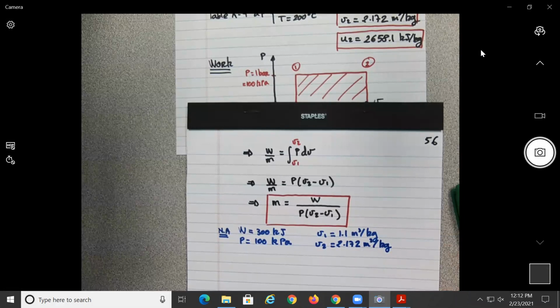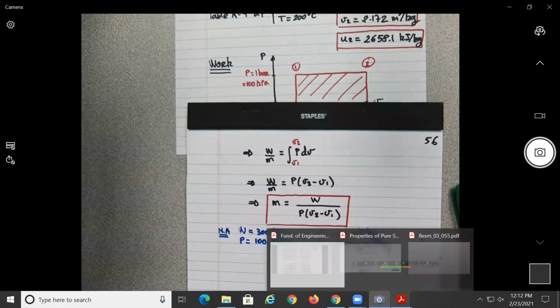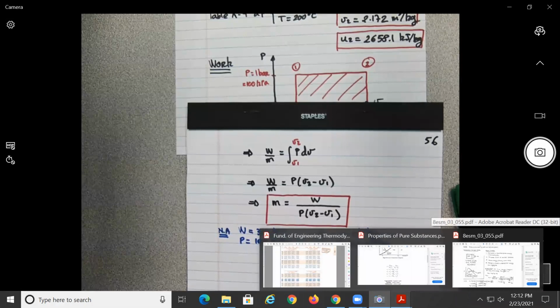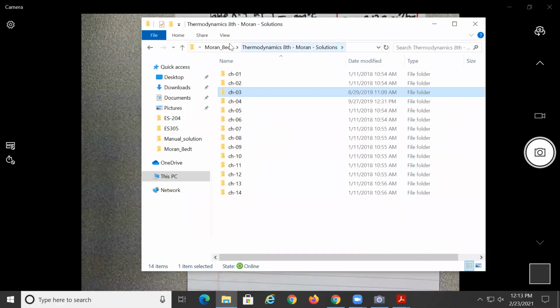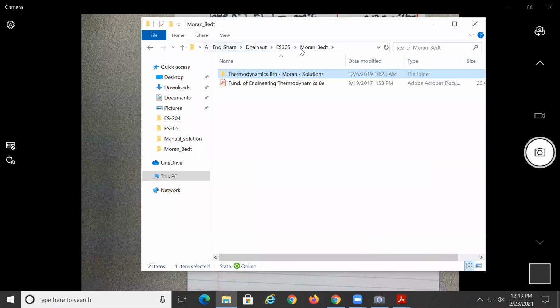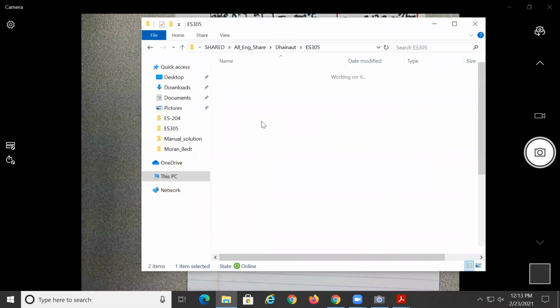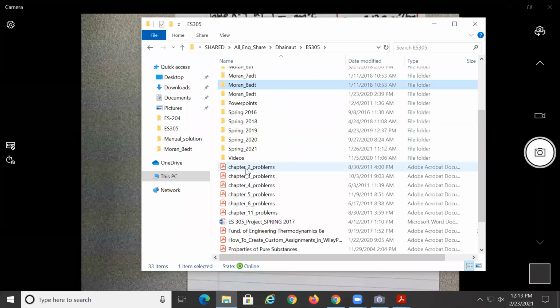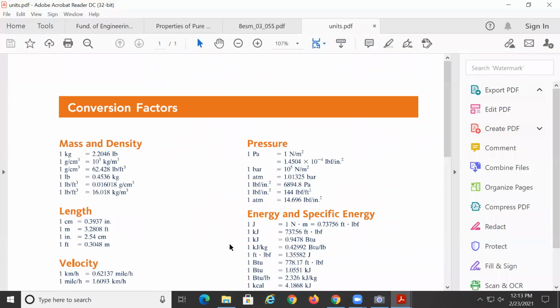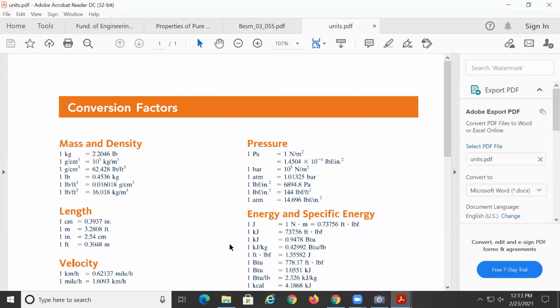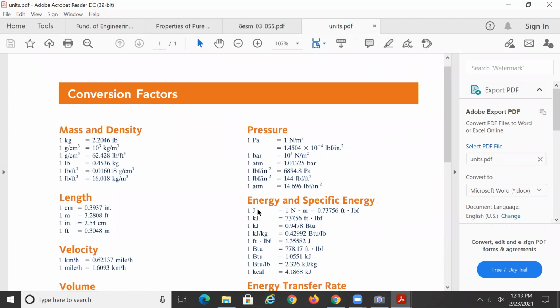Again, we might need to use the relation, or let's see if I have it here. We can go back. There we go. So units. That's why you need to have this with you. I don't think we need this one, but what is 1 joule? 1 joule is 1 Newton meter, no?